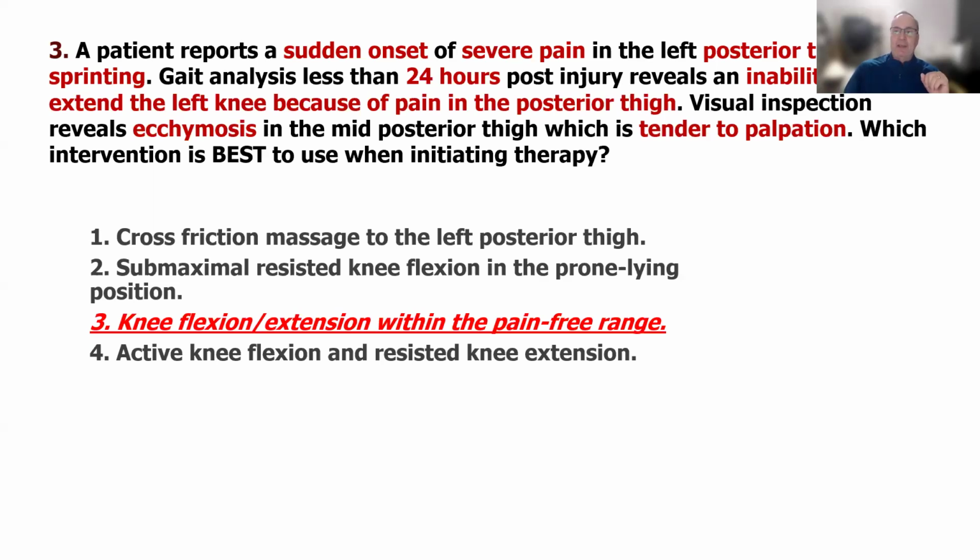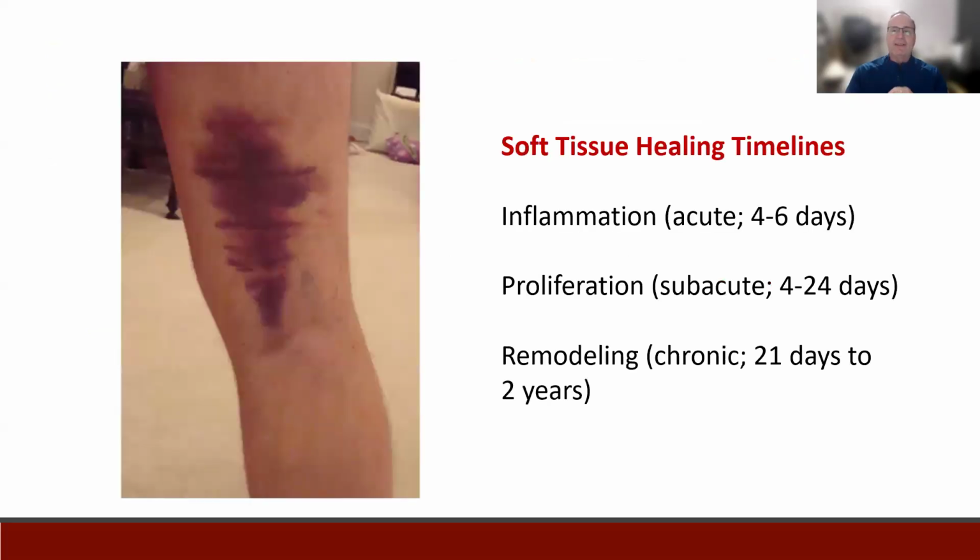So when we talk about ecchymosis, this is that bruising, like we can see on this picture of this individual. And this question is based on soft tissue healing timelines. So again, with interventions, we want to think about those healing timelines. And we could apply the same principle to other systems.